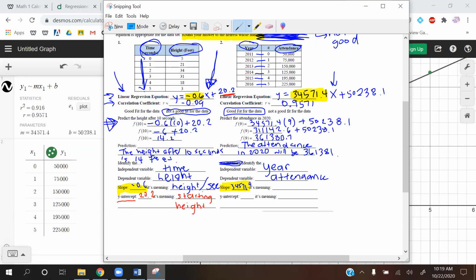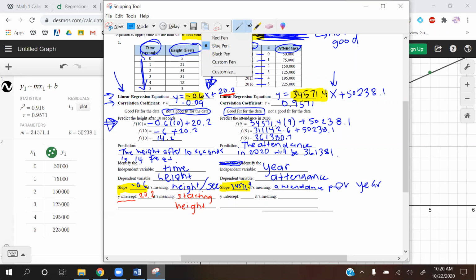And then the meaning is attendance per year. It really doesn't like me writing the letter E or R. Attendance per year is the meaning of our slope.